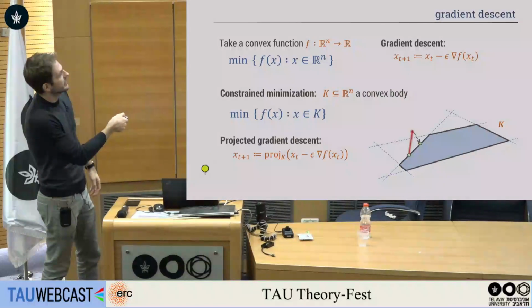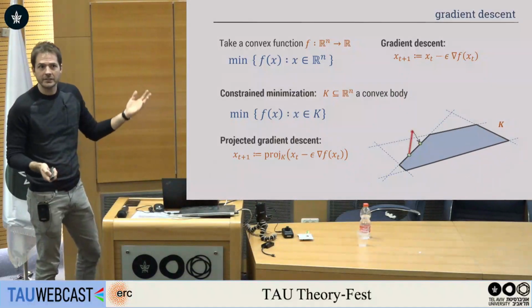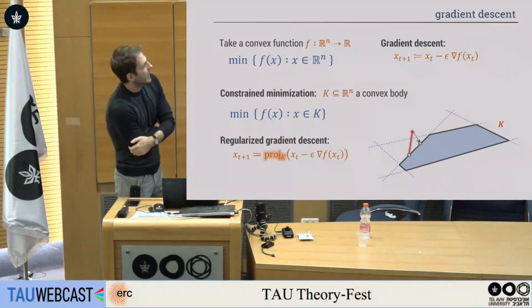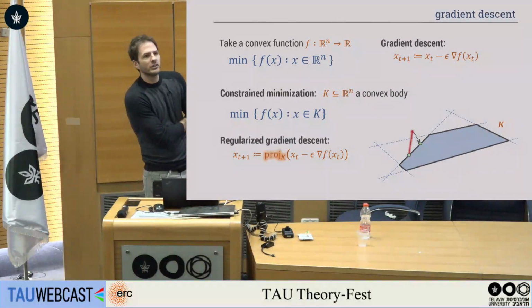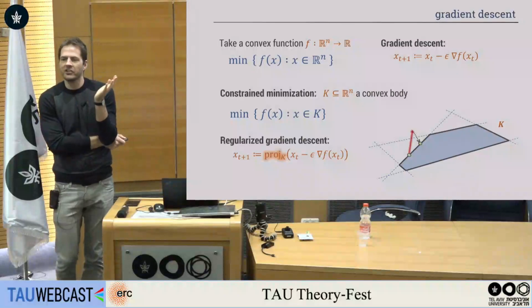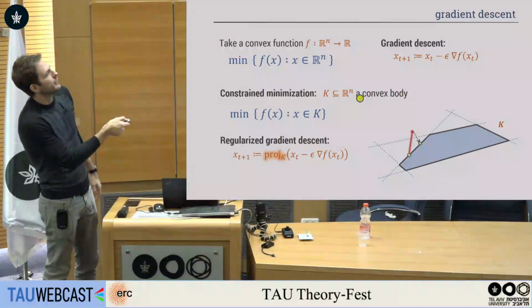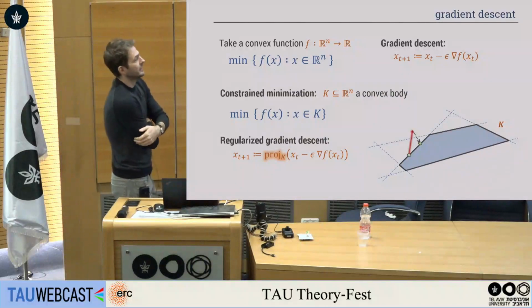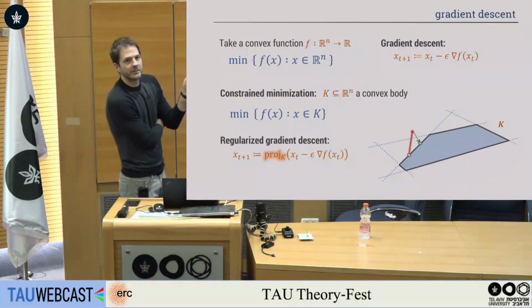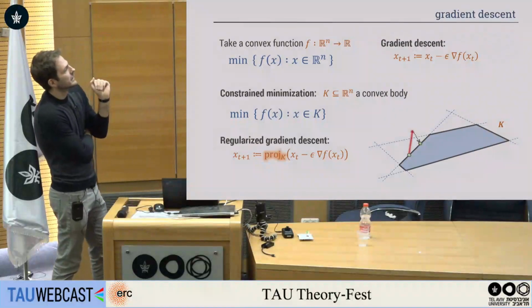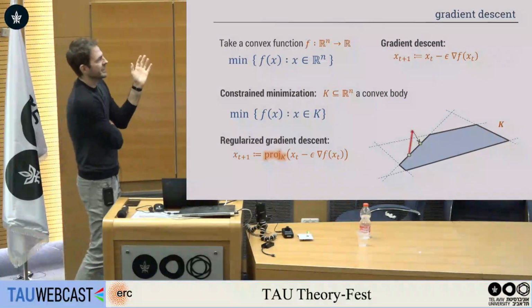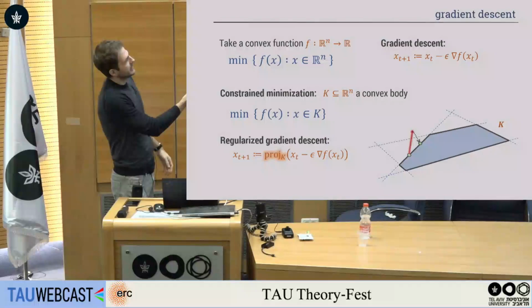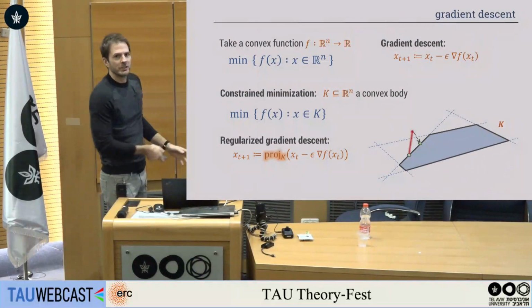Once you're willing to do a projection, one needs some inner product, and if you're willing to use some inner product that varies around the space, then you get what I call regularized gradient descent or Riemannian gradient descent. This is the kind of algorithm I'm going to talk about.